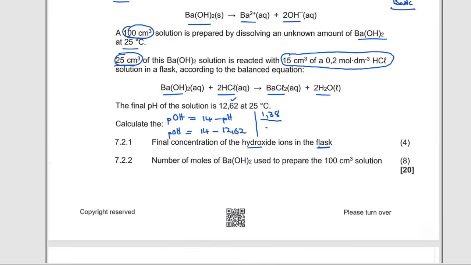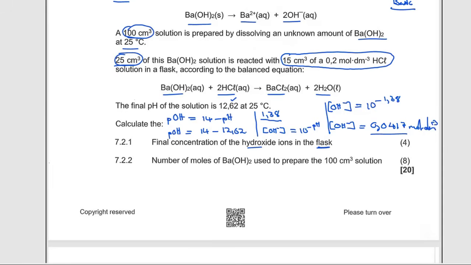For me to calculate the concentration of the hydroxide ions, OH negative is equivalent to 10 exponent negative pOH. Substituting, instead of writing pOH, I put 1.38. So the concentration of hydroxide ions, OH negative, is 10 exponent negative 1.38, which is equivalent to 0.0417, in mole per dm cubed.